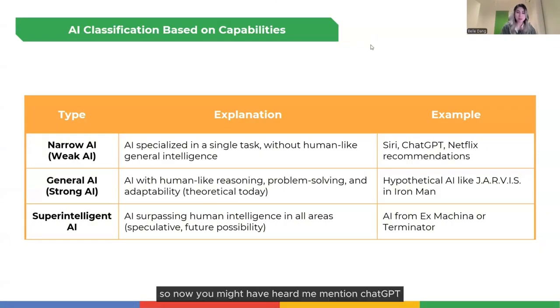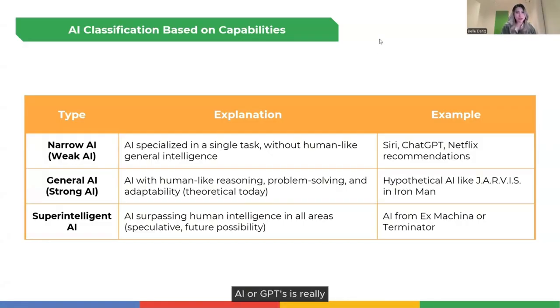Now you might have heard me mention ChatGPT or generative AI a couple of times and wonder if this is a different type of AI. However, generative AI, or GPTs, should really be understood as a specialized subset of narrow AI.